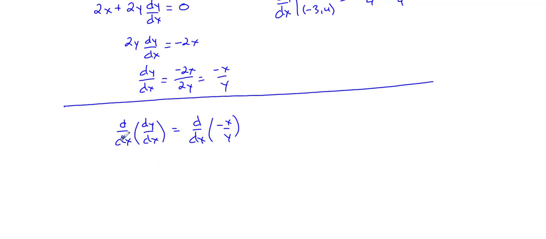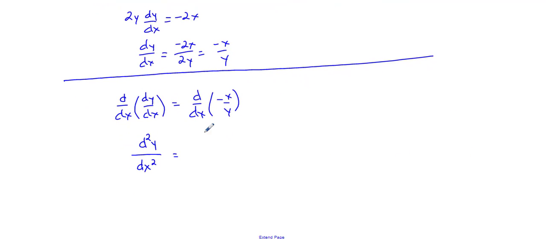What's the derivative of the first derivative? The second derivative. So it would be d squared y over dx squared. Now the derivative of negative x over y, that's a quotient. So let's find the derivative of this quotient.